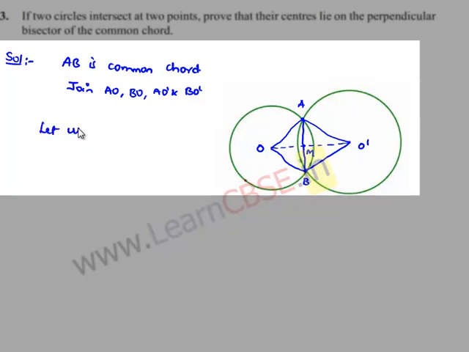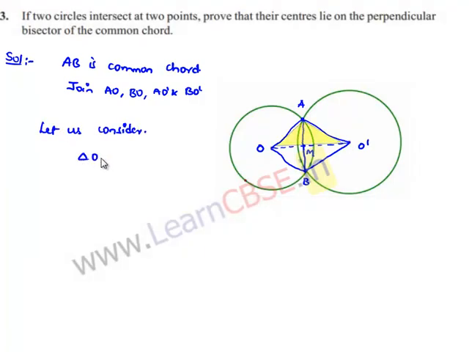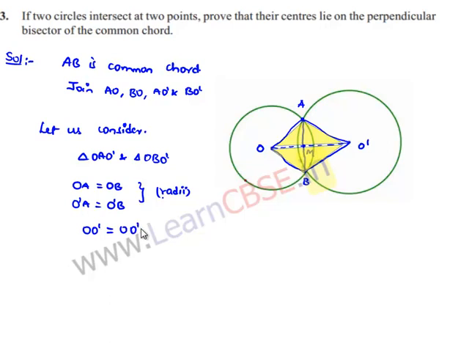Let us consider triangle OAO' and triangle OBO'. In these two triangles, OA is equal to OB since they are the radii of the smaller circle with center O, and O'A is equal to O'B since they are the radii of the larger circle with center O', and OO' is equal to OO', which is the common side for both the circles.